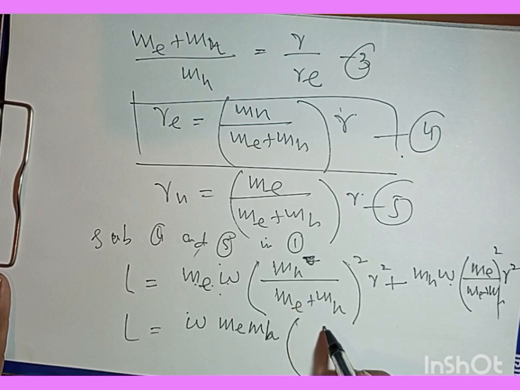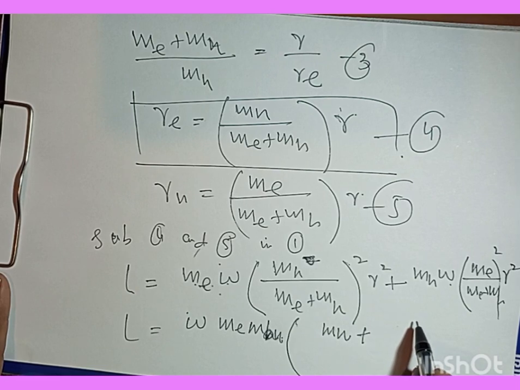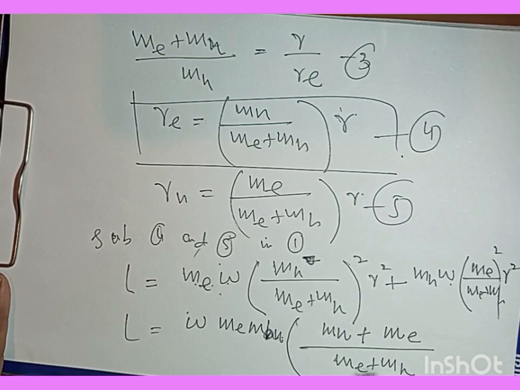Inside I'll have m, it's not h, it is n, keep that in mind, the mass of the nucleus. So here I can write mn, plus m is out, so here I can write me, this whole divided by me plus mn whole square times r square.